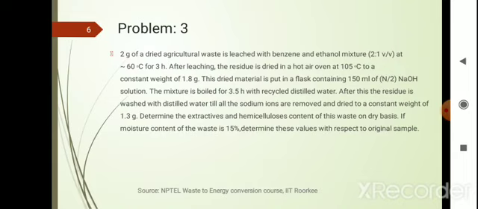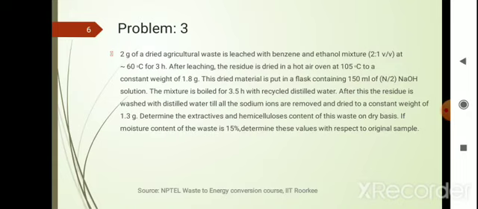So in lignocellulosic composition, we have determining percentage of extractives, hemicellulose, cellulose and lignin in a biomass. But in this question only we have to find out extractives and hemicellulose. The first two steps are only required. So this is not a complex problem, even though it appears to be a complex problem. It's a very easy problem.